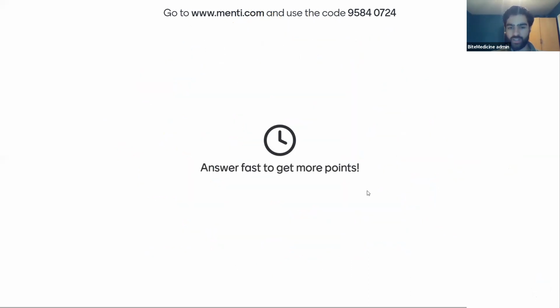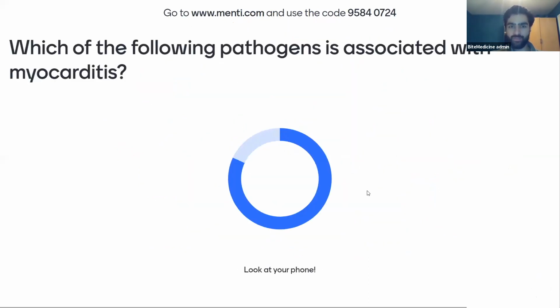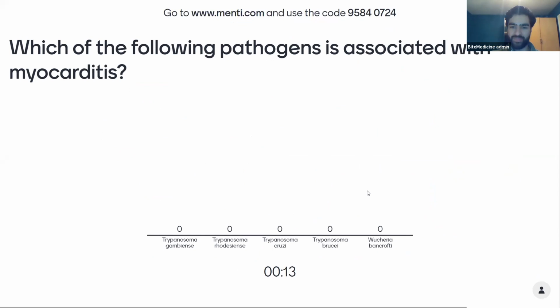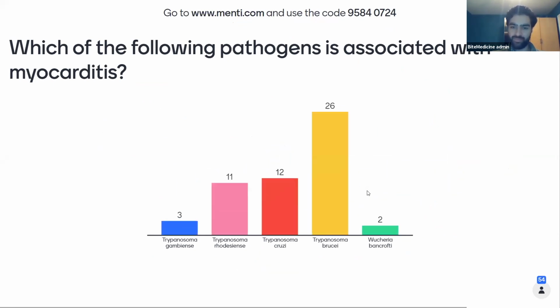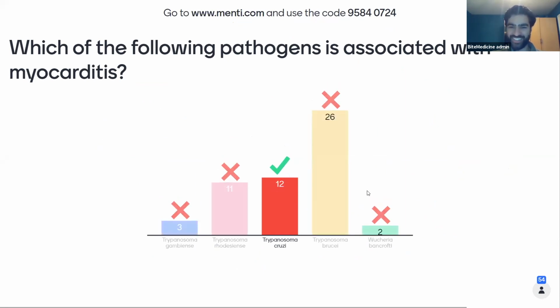So the faster you answer, the more points you get. Which of the following is associated with myocarditis? Time is ticking. That's why it's a top decile question.